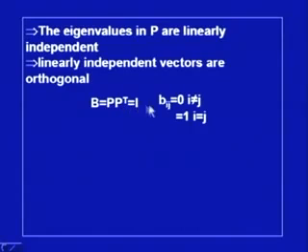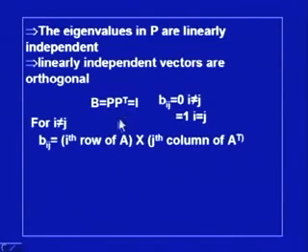The matrix is orthogonal. So this statement means that Bij is equal to 0 whenever i is not equal to j, and it is 1 when i is equal to j. If you look at this product, then Bij, the typical element in B, is obtained as the ith row of A multiplied by the jth column of A transpose.